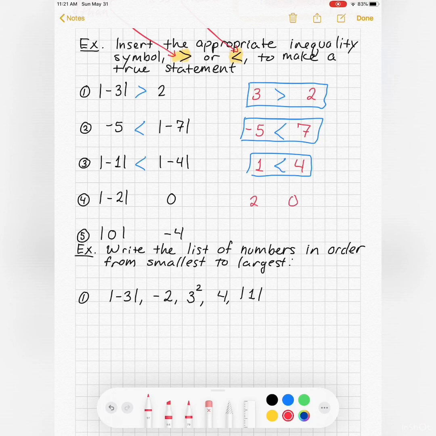So how does 2 compare with 0? 2 is greater than, more than 0. And one more. The absolute value of 0, that's just 0. So how does 0 compare with negative 4? 0 is more than a negative number.